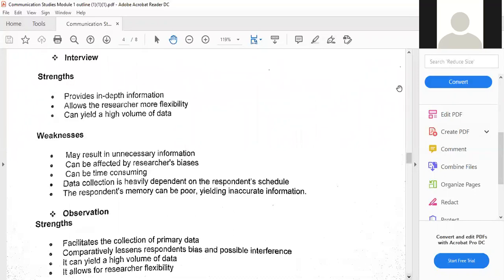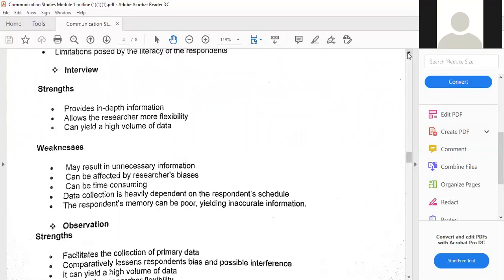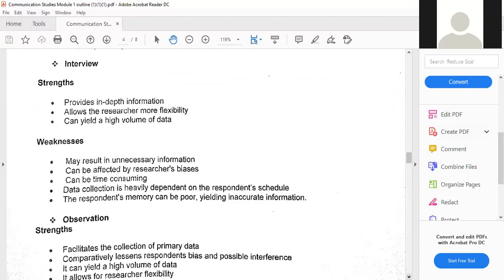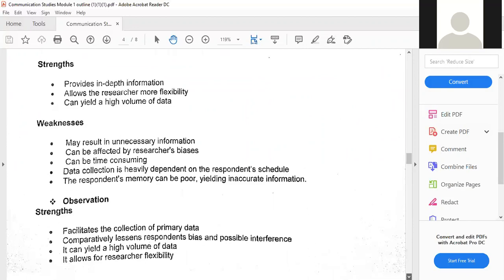So observation, what are some strengths? It's your personal analysis. Because it's your personal analysis, you get a better understanding of it too. Okay. So this says it facilitates the collection of primary data.